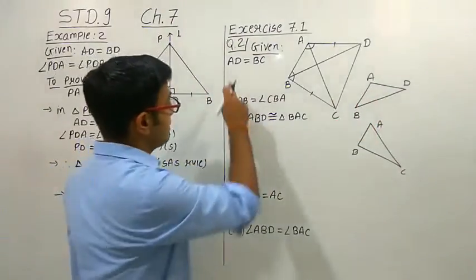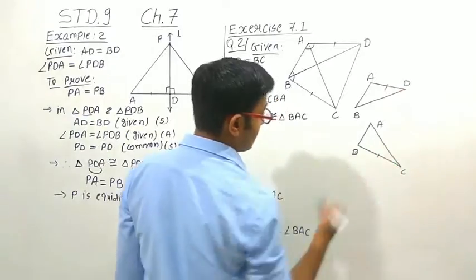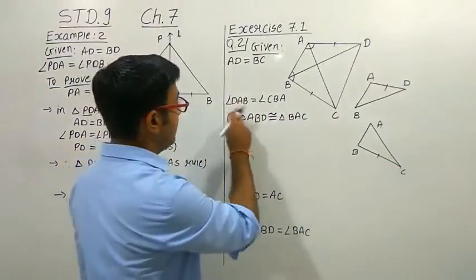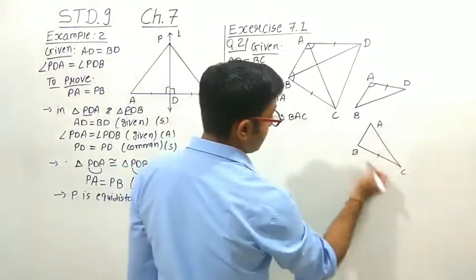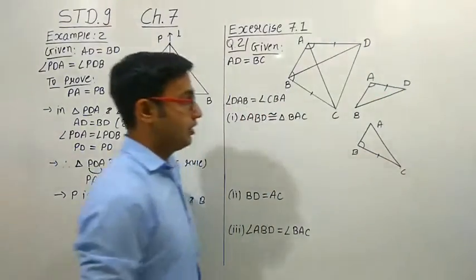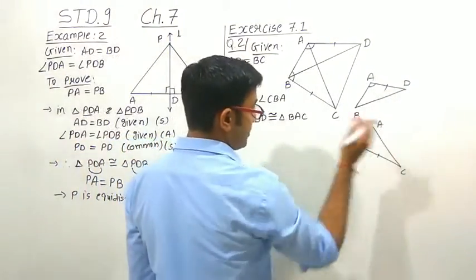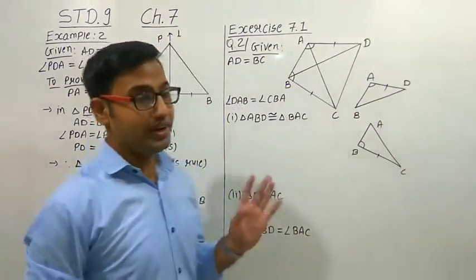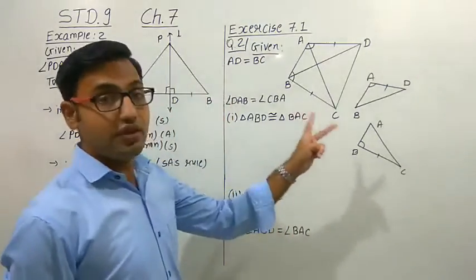Again apply all the conditions that we have been given. AD and BC, that is this side and this side, are equal. Again, in triangle DAB this angle and CBA this angle are equal. So in both triangles these two conditions are given. How many conditions are required? Three. Out of these, two conditions we already have.